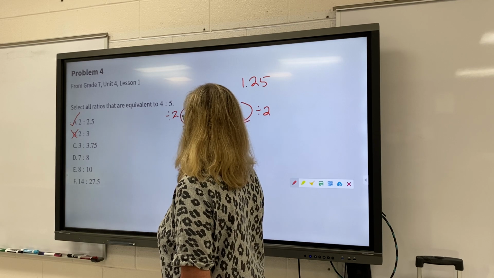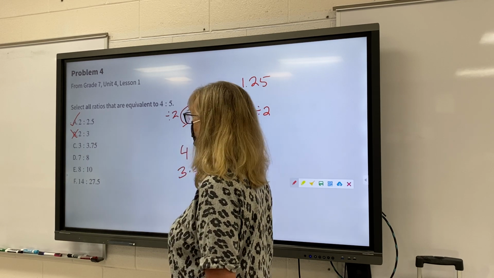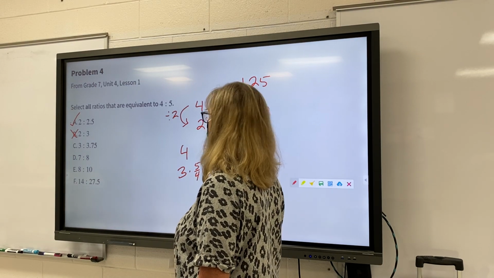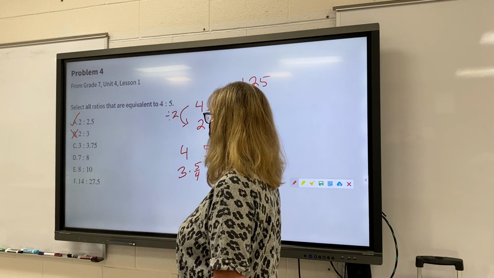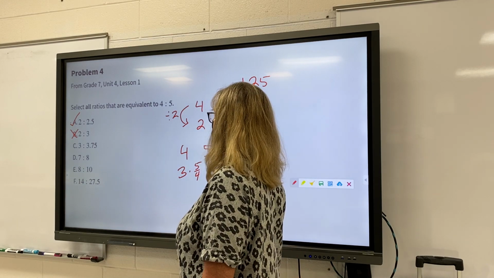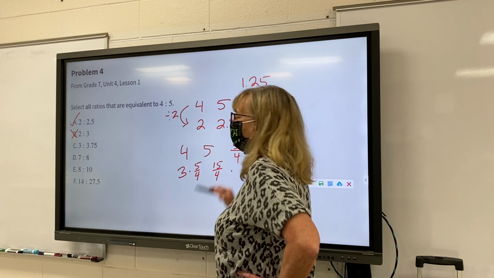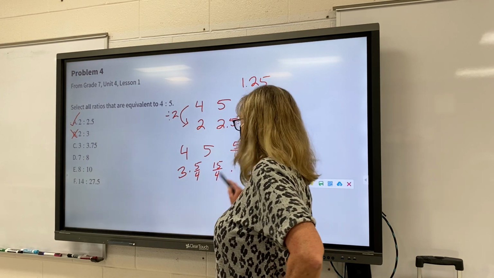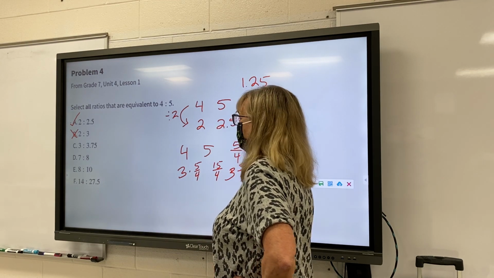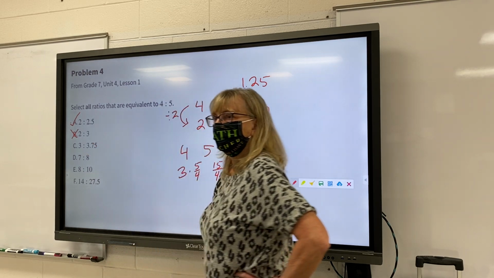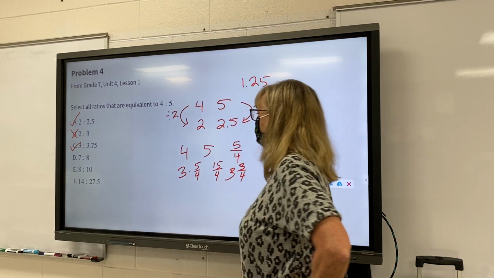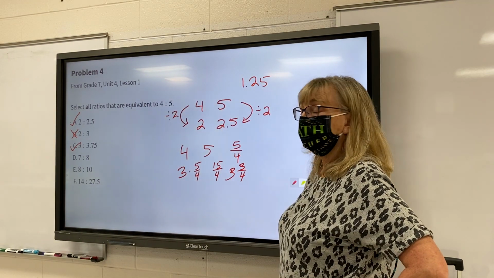So if I take 3 and multiply it by 5/4, what do I get? 15/4, which equals... 4 goes into 15 how many times? 3, with how many left over? 3/4. Is that the same as 3.75? Yes. Okay, so that one works. So we use COP on that one.